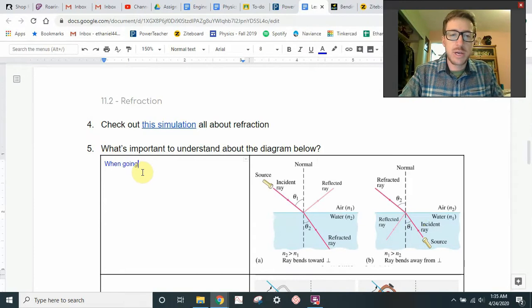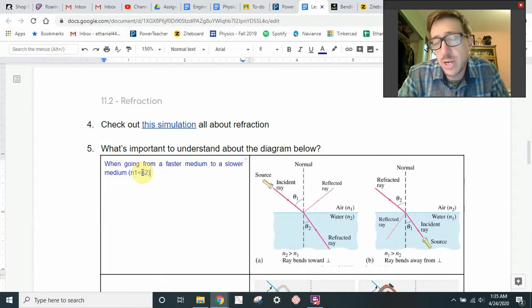So when going from a faster medium, where n1 is lower, or closer to 1, to a slower medium, we could say that n1 is less than n2.